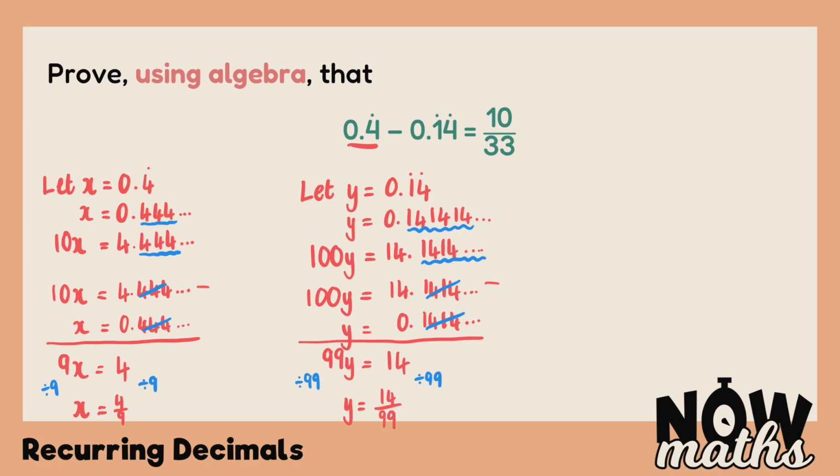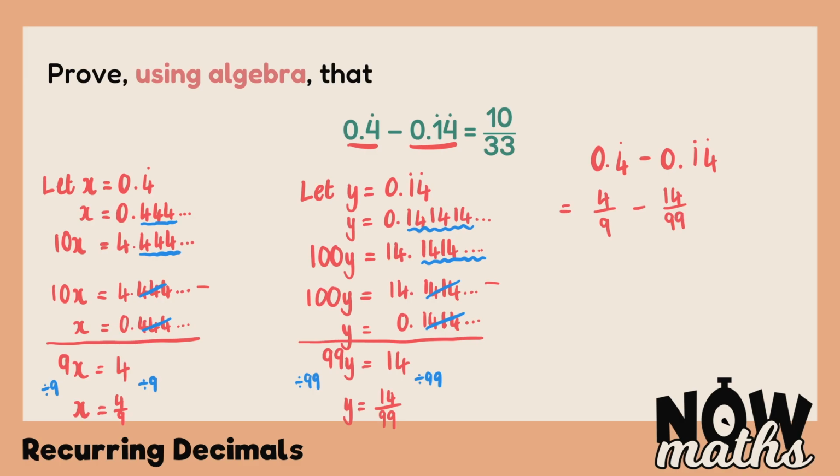We have now successfully converted both of our recurring decimals into fractions. Now looking at what we were originally trying to prove, we were actually trying to work out 0.4 recurring subtract 0.14 recurring. We now know what each of these decimals looks like as a fraction, so let's rewrite this question. Instead of 0.4 recurring, we can write 4/9, and instead of 0.14 recurring, we can write 14/99.